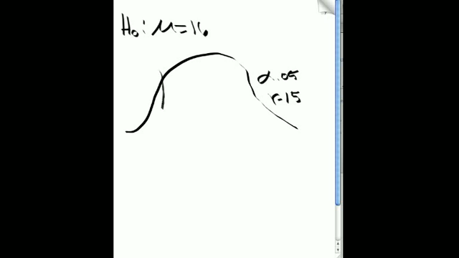What we're going to do is look at this distribution, which is for alpha of 0.05 and degrees of freedom of 15. We know that minus 1.753 is here.